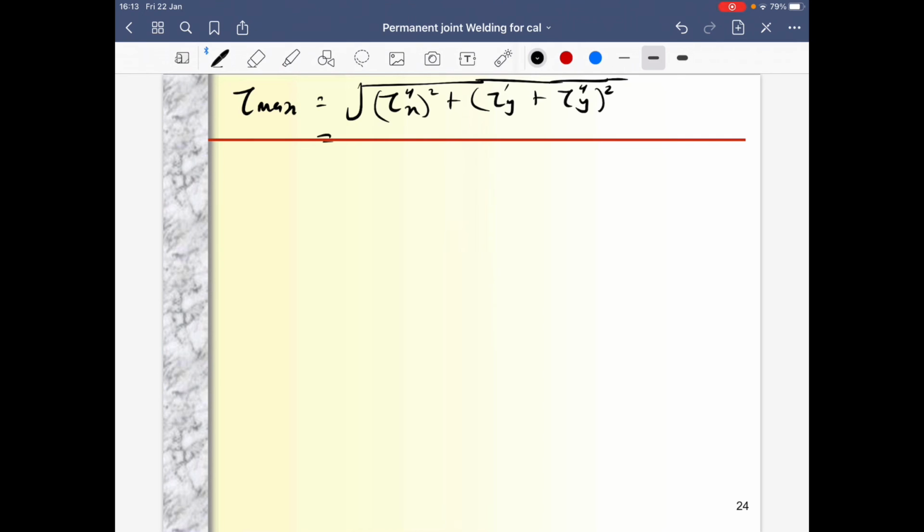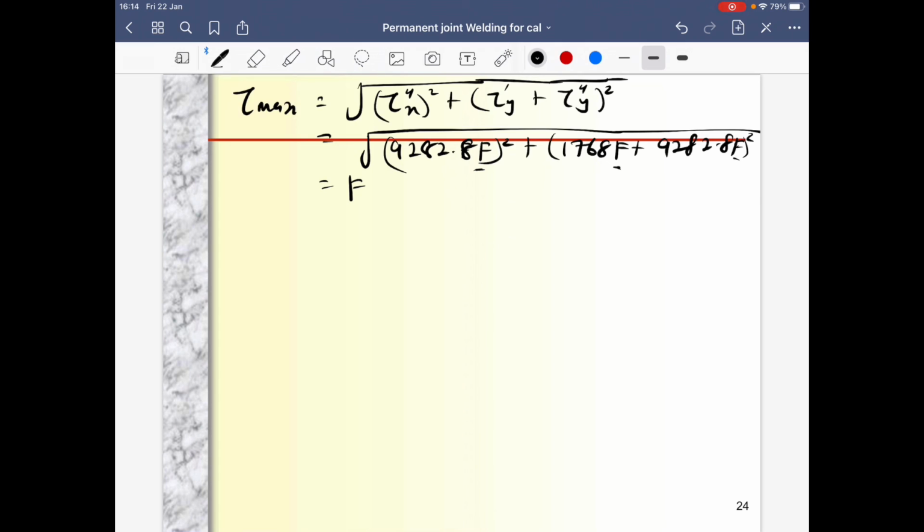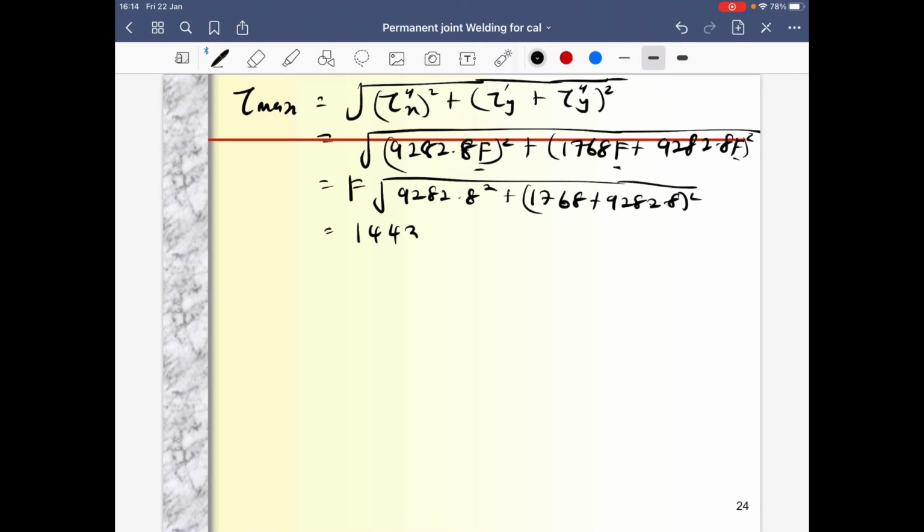Then you fill in the value, you get the overall as 9282.8 F power of 2, and then plus 1768 F plus 9282.8 F. Okay, so you do have F in all of them, and all of them power of 2, you just bring out the F. Then you get the total as 14413.31.15 F kPa.